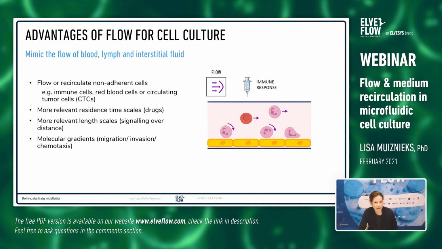Adding a drug under flow conditions more closely mimics the residence time of the drug as it circulates the body through the bloodstream. Flow allows the researcher to incorporate more relevant length scales to test the effect of secretions from one cell type on a more distant cell type in a more realistic way. And flow enables control of molecular gradients for studies of cell migration, invasion, chemotaxis.